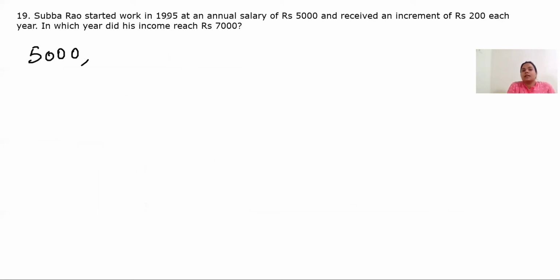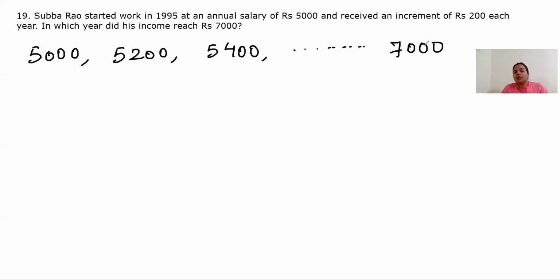In the year 1996, the salary will be 5,200 because it is increasing at the rate of 200 each year. Then in 1997, the salary will be 5,400. It will go on like that, and once it becomes 7,000, we have to find in which year his income reached rupees 7,000.